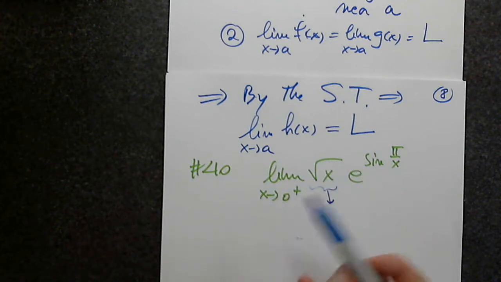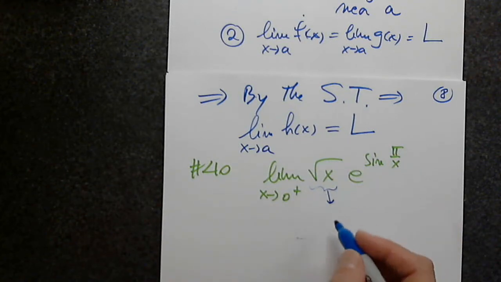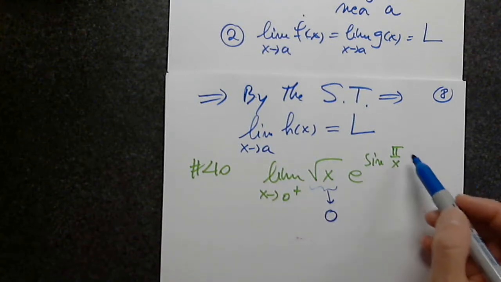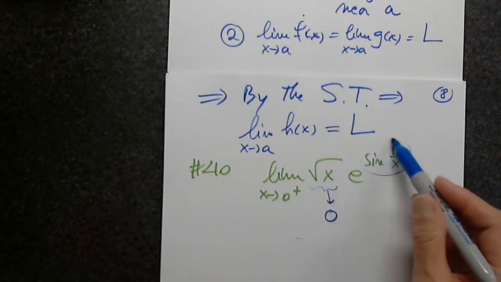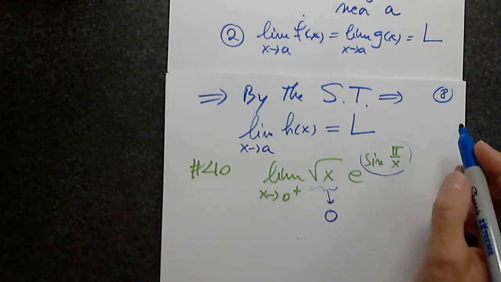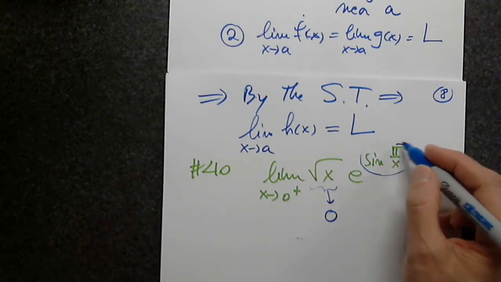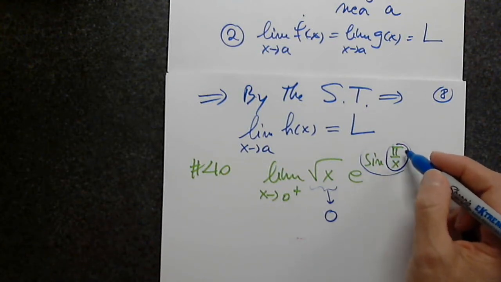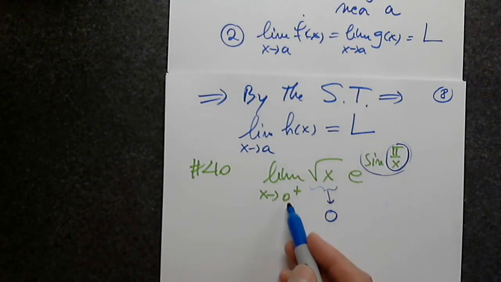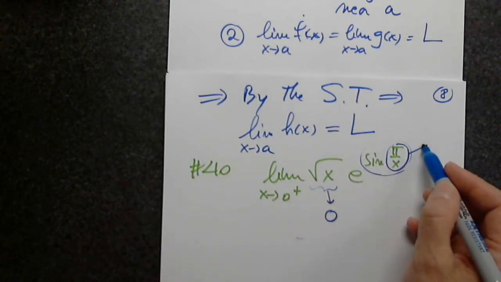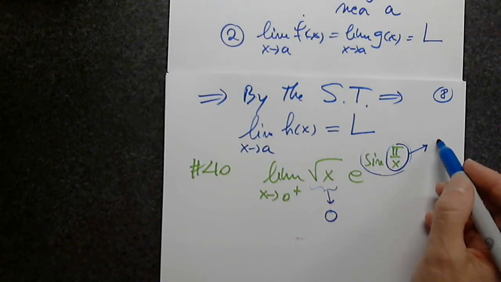The square root of 0 from the right-hand side is 0. What is the limit of this? This pi over x, as x approaches 0 from the right, we graphed it a while ago. This is infinity.